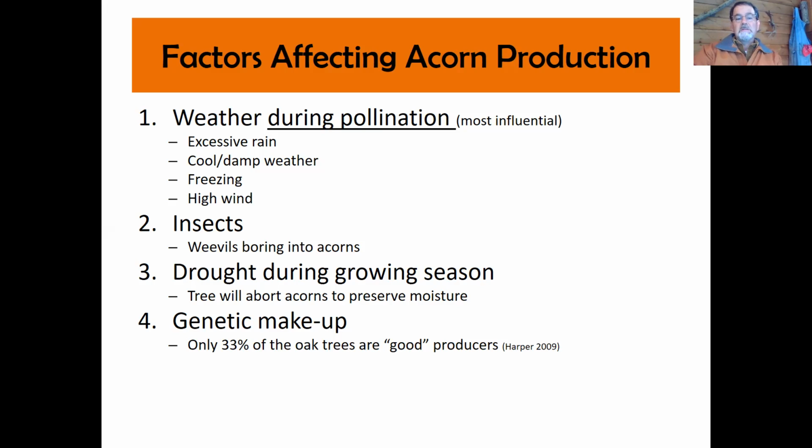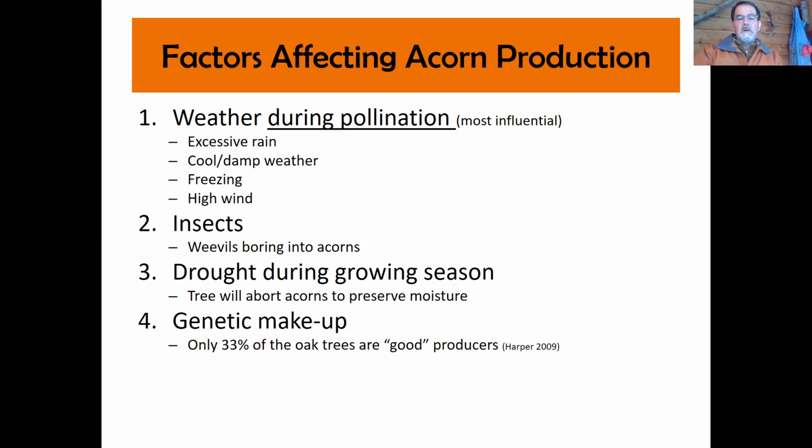And then high winds. You would think wind would be a good thing. Mild winds are good, but high winds can actually blow the pollen off target. For instance, if a tree is adjacent to a field or a playground or a baseball field, whatnot, and the wind's coming from that opposite direction, it blows the pollen out into an area without oak trees present.